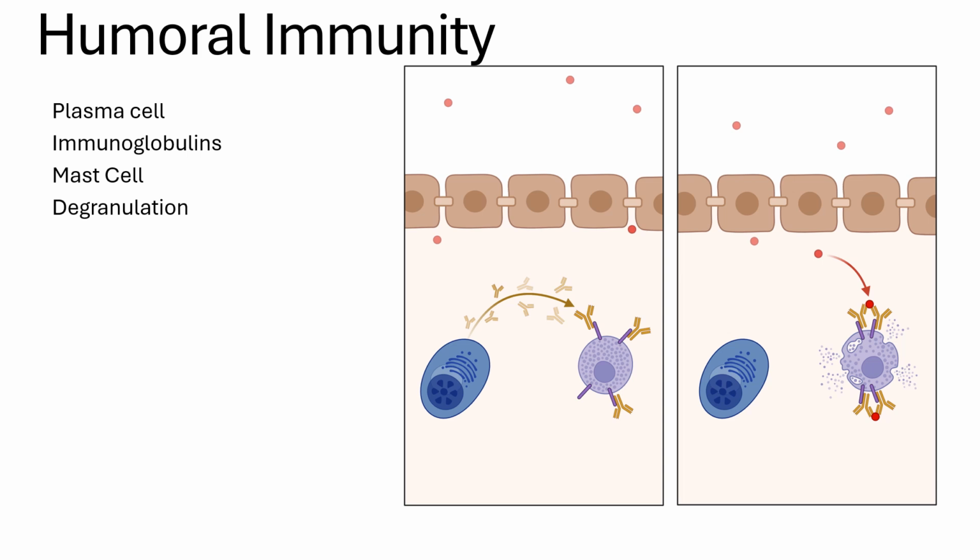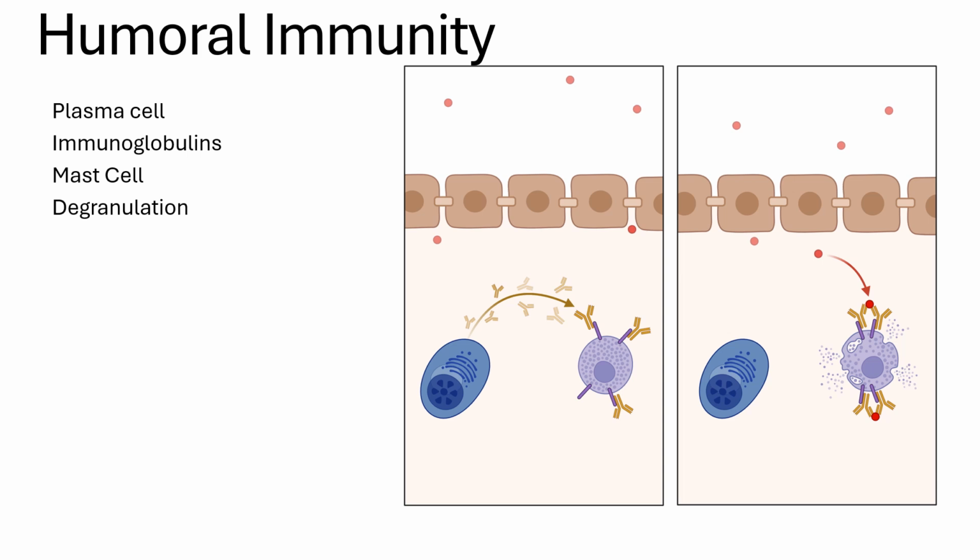Another thing that immunoglobulins can do is they can be part of creating what's called allergies or sensitivities. In this picture here, you see a plasma cell secreting antibodies that are then inserted into the cell membrane of this mast cell here.